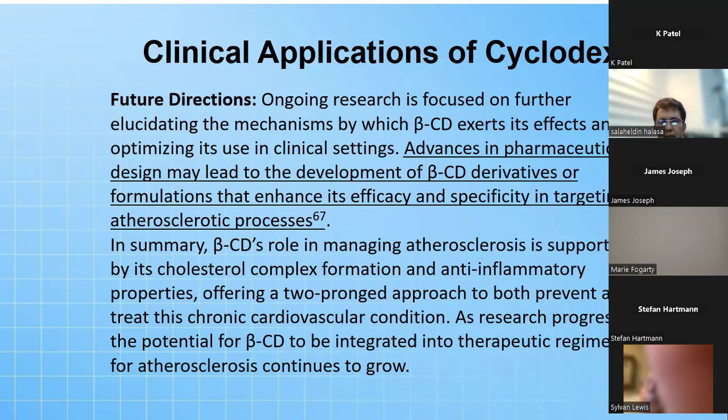As I said, big pharma companies, the big ones I'm talking about, are already using cyclodextrin to convert drugs. And there are already drugs out there loaded with cyclodextrin, especially antifungal drugs. Why antifungal drugs?